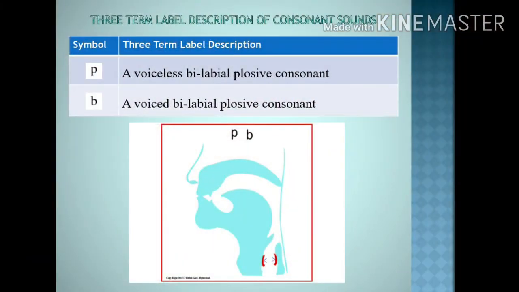Number 2, you will also come to know the second label, that is the place of articulation, and you will also learn the manner of articulation. Let us look at the first pair here. It is already highlighted on your screen. You can see that it is P and B.